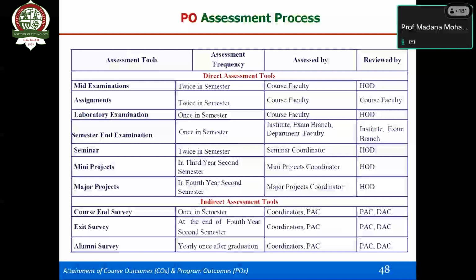Like these are the commonly used surveys that will be considered. If you are having more than one survey, then you have to take the average of all the surveys. The calculation part is the same. Either direct attainment or indirect attainment for the particular course, whatever process we have seen, everything is the same. If more than one component is there, you can take the average.